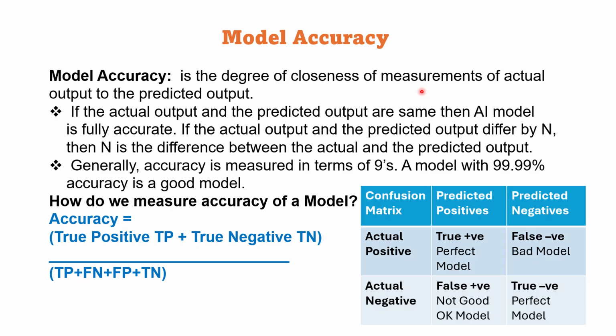If the actual output and the predicted output differ by n, then n is the difference between the actual and the predicted output. Generally, accuracy is measured in terms of nines. That is, a model with 99.99% accuracy is a good model. Then comes, how do we measure accuracy of a model?